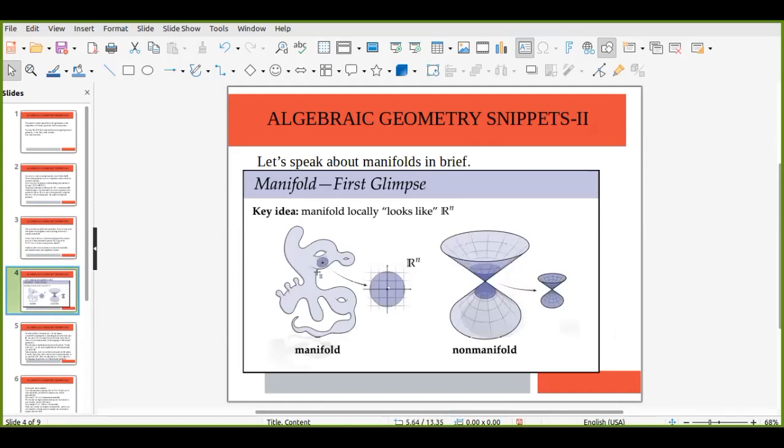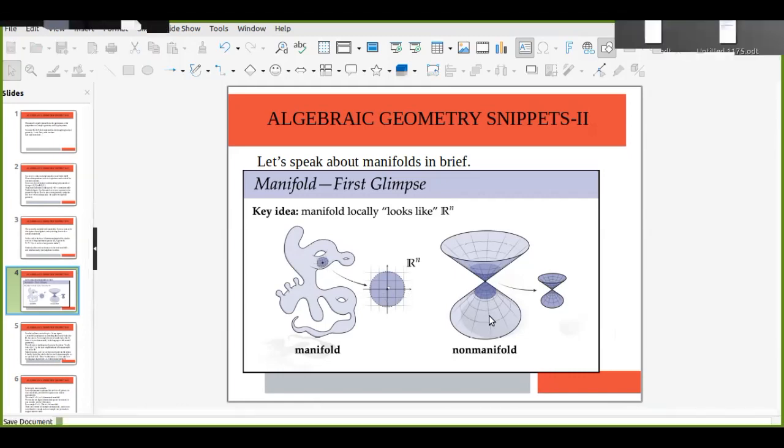Since it's a surface, locally it should look like R^2. So one can carve out a neighborhood at a point, this neighborhood can be taken as a disk, and that disk is homeomorphic to the disk in R^2. Similarly, a disk-like neighborhood here can be seen to be homeomorphic to R^2.